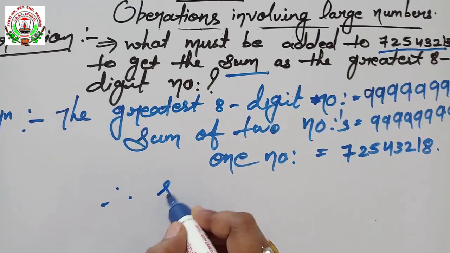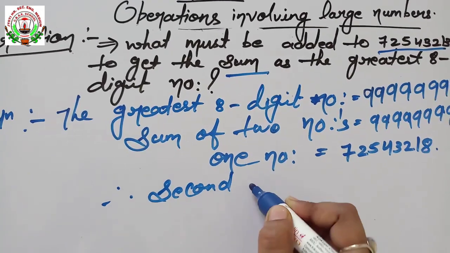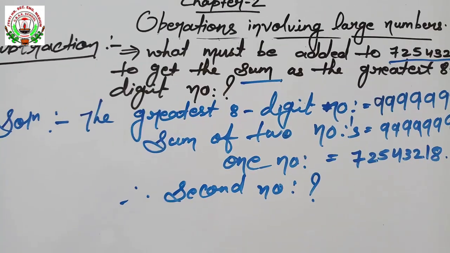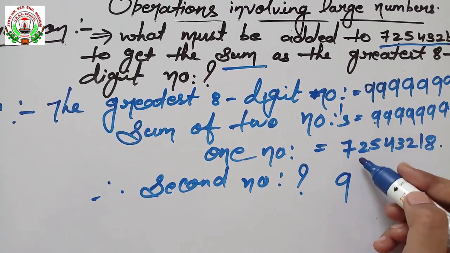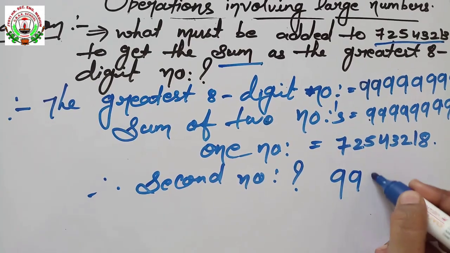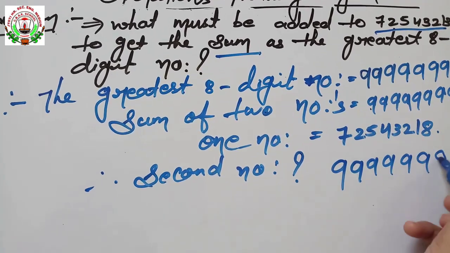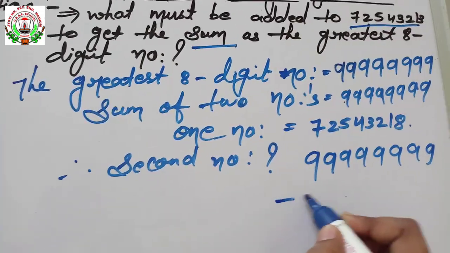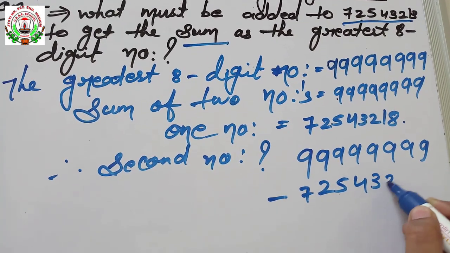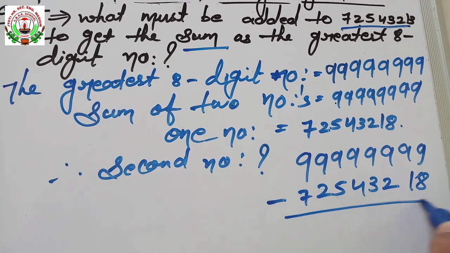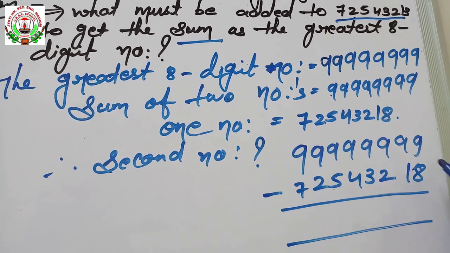Now we have to find out the second number. How will we find it? By subtracting this from this number. So 99999999 minus 72543218, if we subtract this number, what will we get?